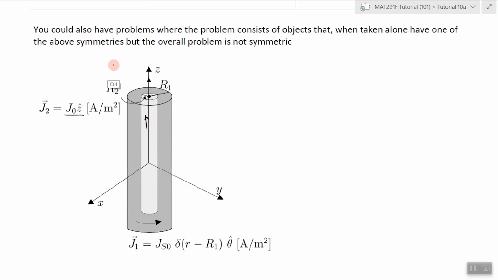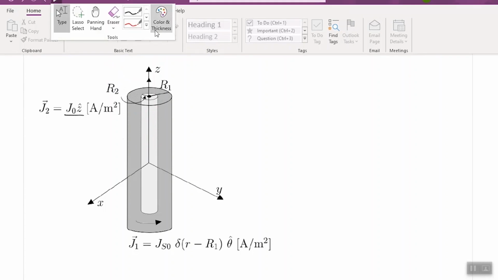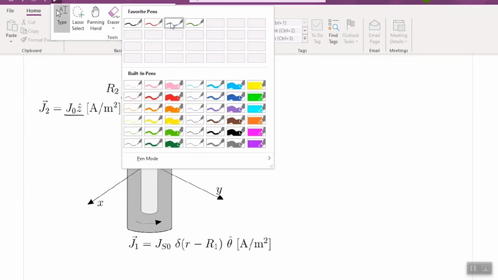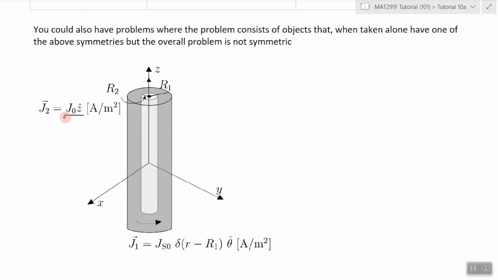Actually, let me draw it with colors so that you can see which field is produced by what. Maybe I'll choose brown for this guy. So this is the current, and the field produced is in this direction.